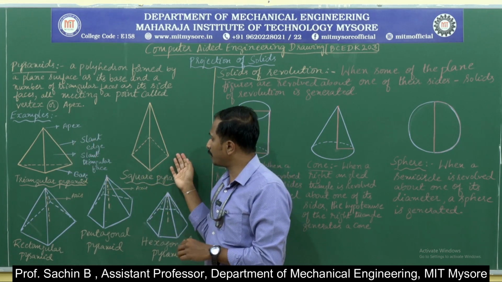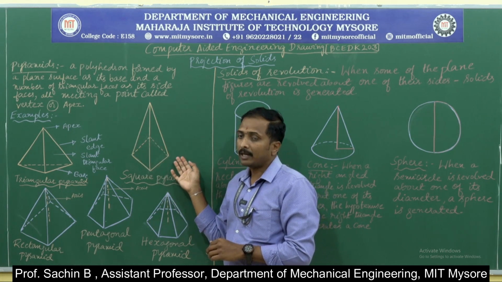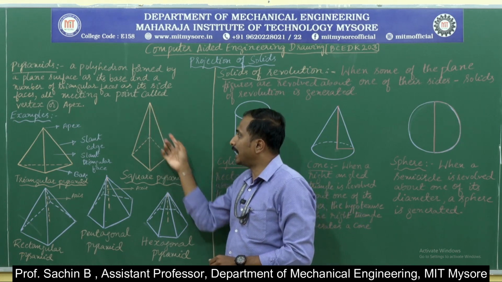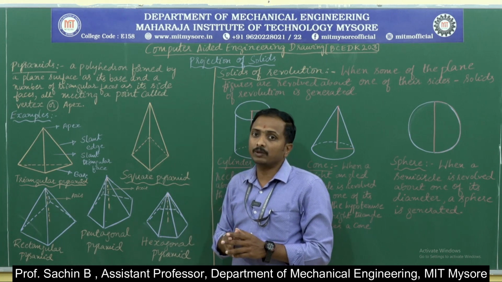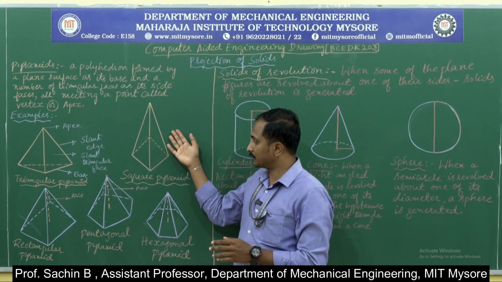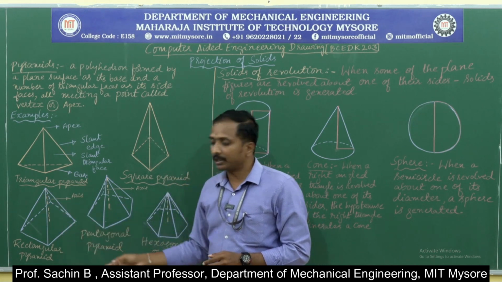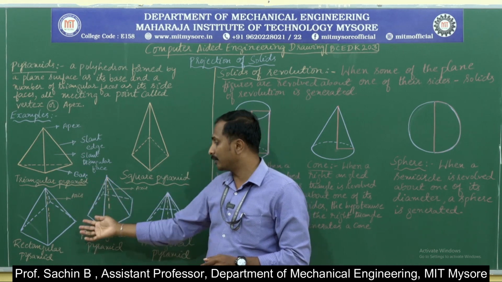Next, the square pyramid: again the same thing. The base will be the square, connected to the apex as the vertex, and the slant edges are connected to the base edges, and two slant edges form a triangular face in the square pyramid. Again, the rectangular pyramid: the base will be the rectangle, connected to the apex with the slant edges and the slant triangular faces.